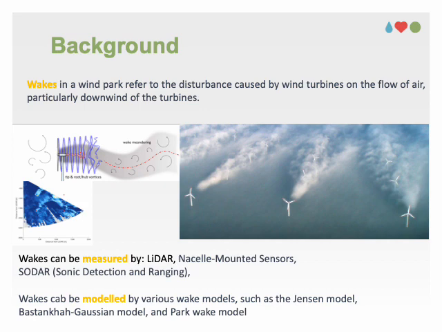The wake of a turbine in a wind farm refers to the turbulent airflow that is generated downstream of a wind turbine due to the interaction between the rotating blades and the incoming wind. As the wind passes through the rotor of the turbine, it experiences changes in velocity and direction.